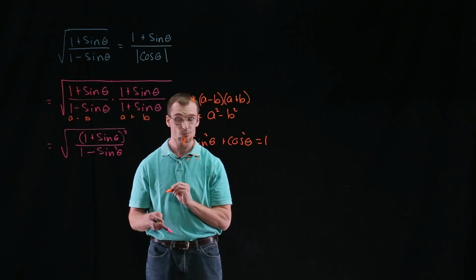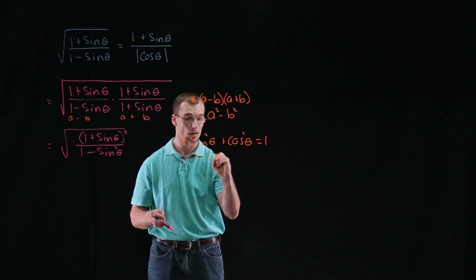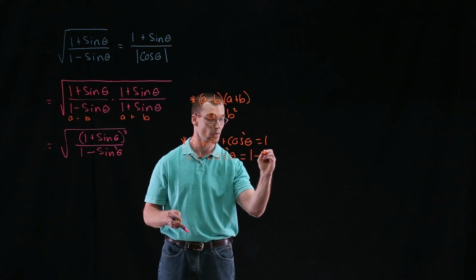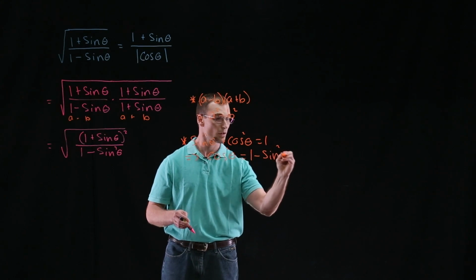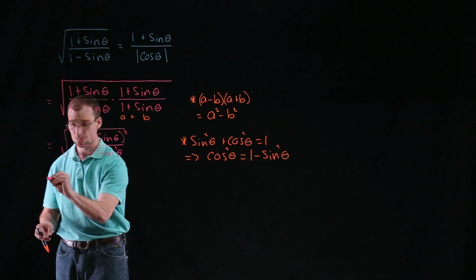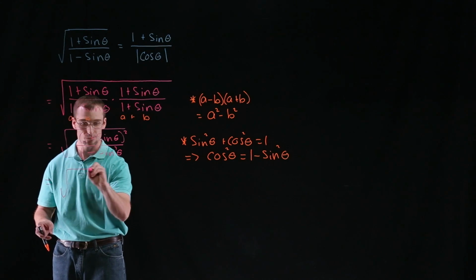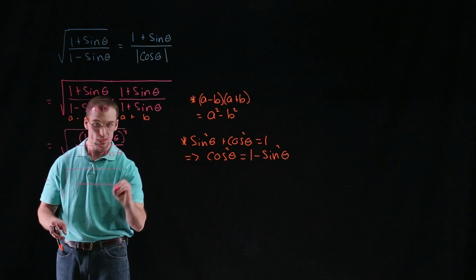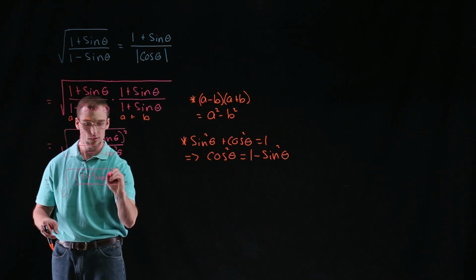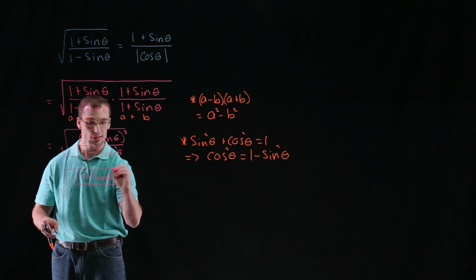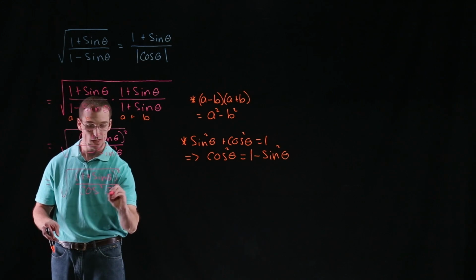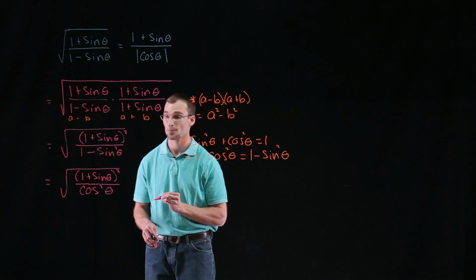This implies that cosine squared theta is equal to 1 minus sine squared theta. So we can make that substitution. And again, for the time being, I'm going to leave the numerator as 1 plus sine theta squared, and the denominator can be written as cosine squared theta.